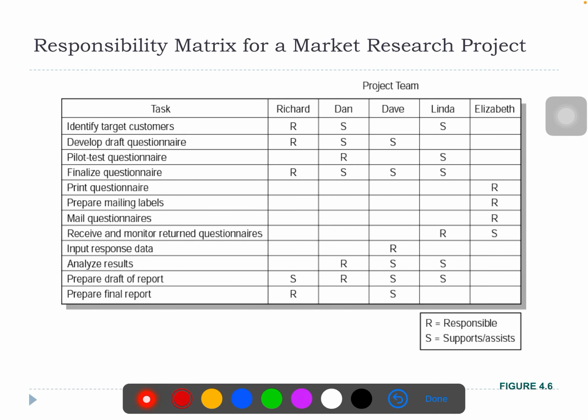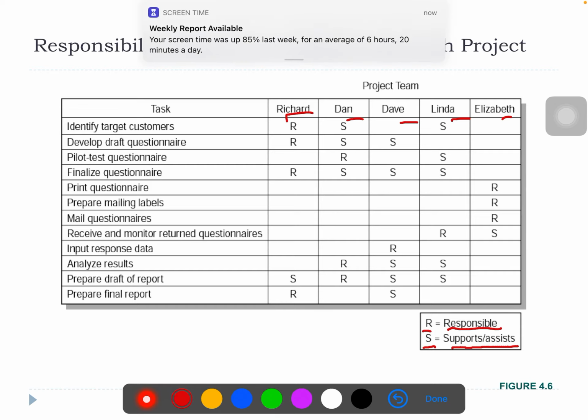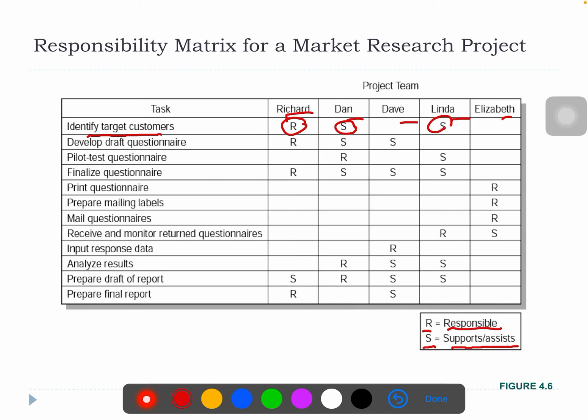So this is an example of the responsibility matrix. So you have Richard, Dan, and Dave, and Linda, Elizabeth. We have a legend over here that says R for the person responsible, and S for the person who's supposed to support and assist. So for this task, identify target customers, we have Richard responsible, and then Linda supposed to help Richard in case there's any support or extra hands needed for him to be able to find the identity of target customers.